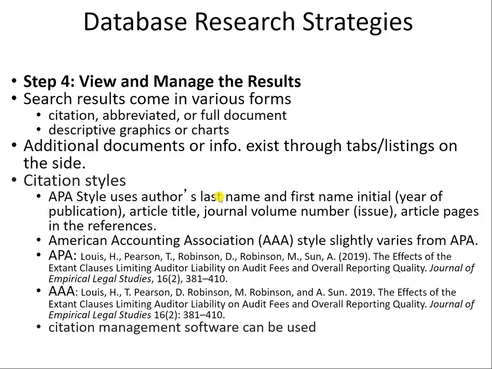The APA style uses the author's last name, first name initials, year of publication in parentheses, article title, and journal volume. Or you can use the American Accounting Association style. These are very popular for accounting researchers. So here we have an example of an APA citation, and then an AAA citation. See the differences? They are slightly different.